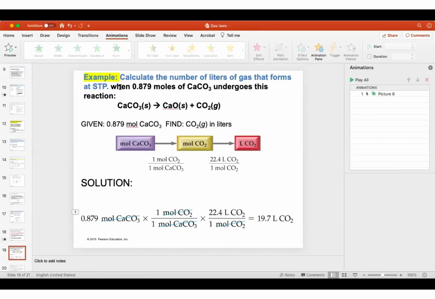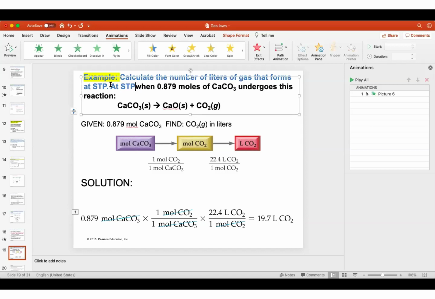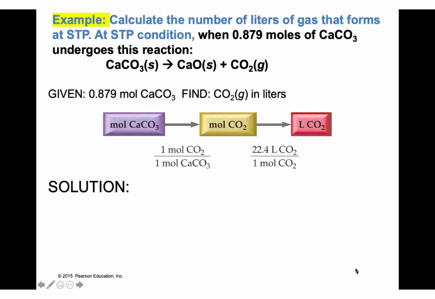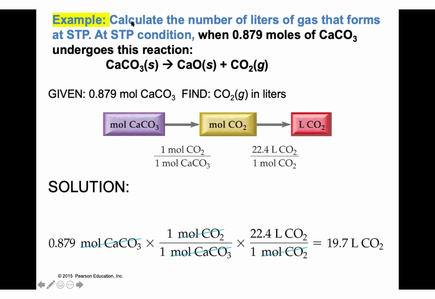You are right, I should have written here at STP condition. They should tell you, guys. I decided to write it later to get your attention. Because in the question they gave you STP condition, then 1 mole of each gas equals 22.4 liters of CO2. So this will be the volume of the gas because it's asking in liters.